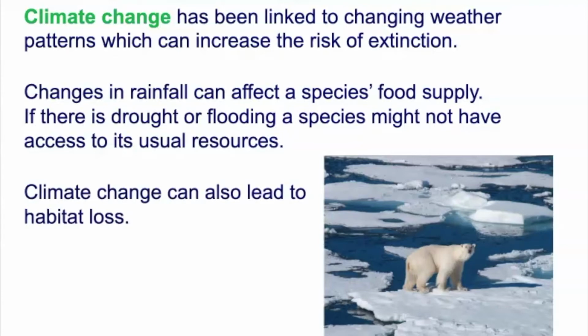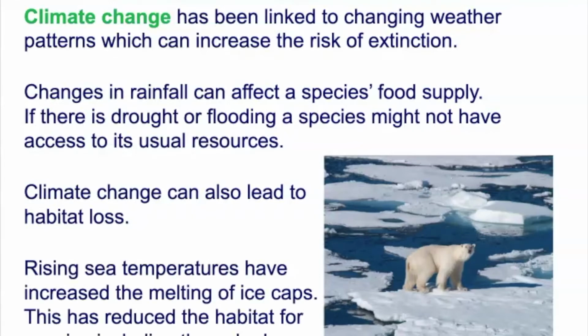Climate change can also lead to habitat loss. And rising sea temperatures have increased the melting of ice caps. This has reduced the habitat for many species living in climates where ice or frozen water is important, including an example of polar bears.